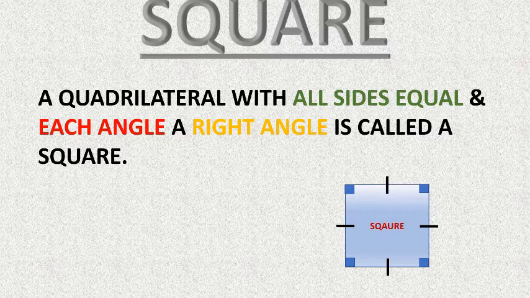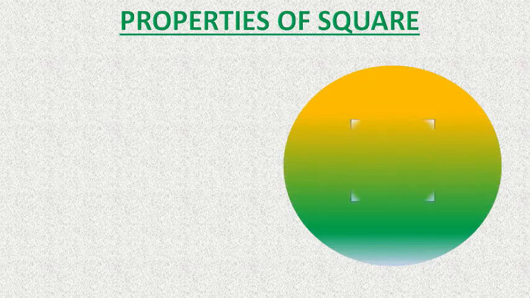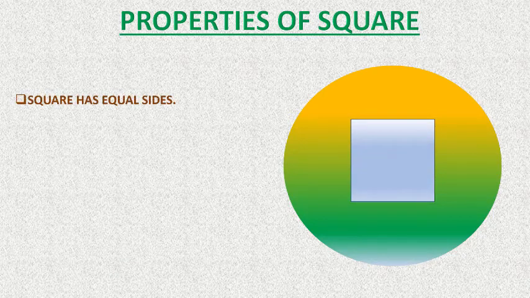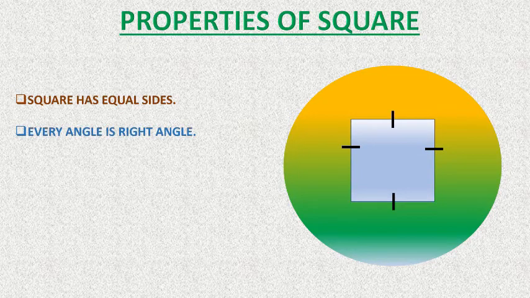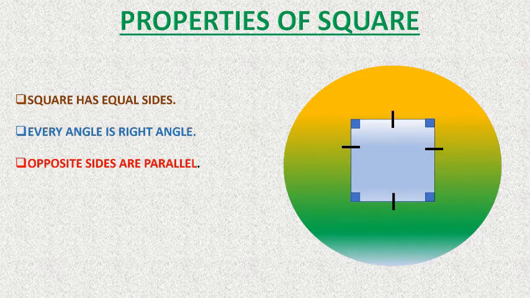Now we have some more properties of a square. Square has four equal sides, or you can say all the sides are equal. Every angle is a right angle. If we measure all the angles of a square, each is equal to 90 degrees. Opposite sides are parallel to each other, like this.